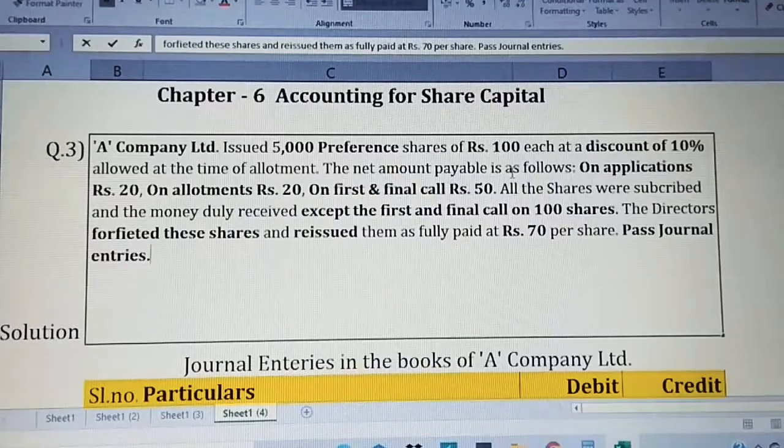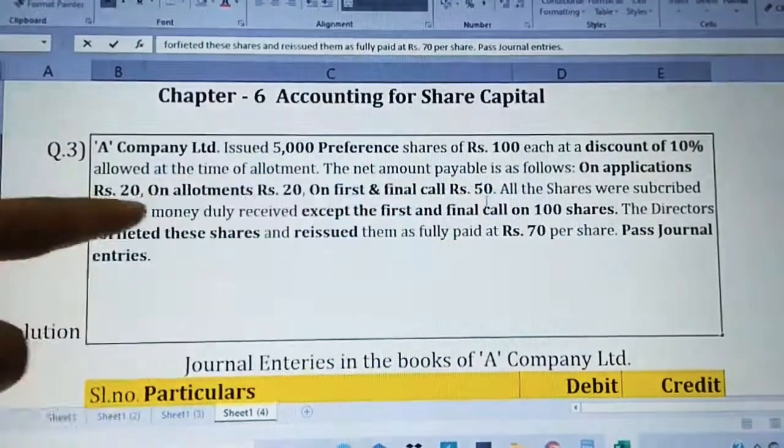So 90 rupees is what the shares are going to be sold for. Now this 90 rupees should be equal to the calculations given here: application 20, allotment 20, first and final call 50. So it is equal to 90.